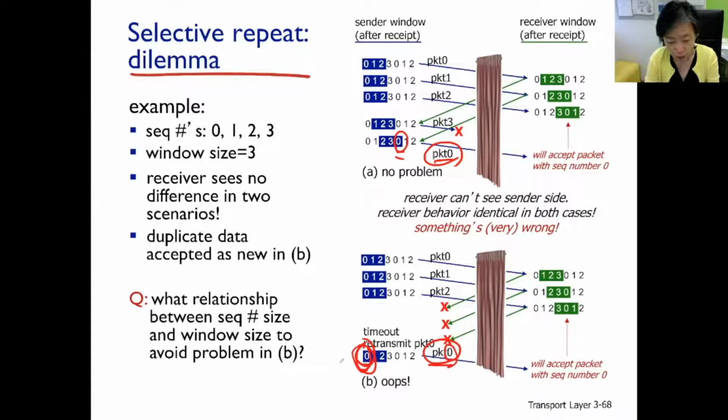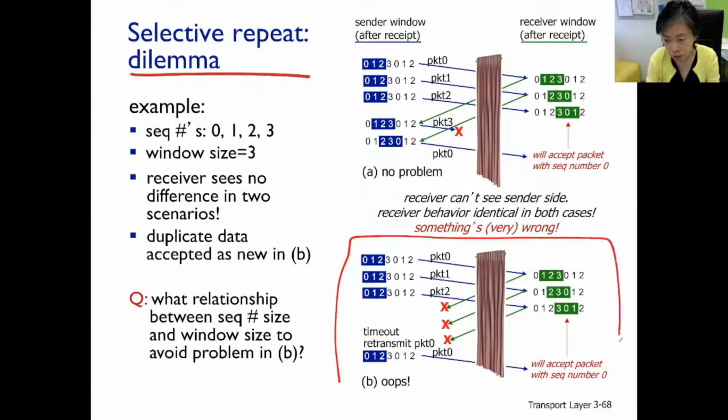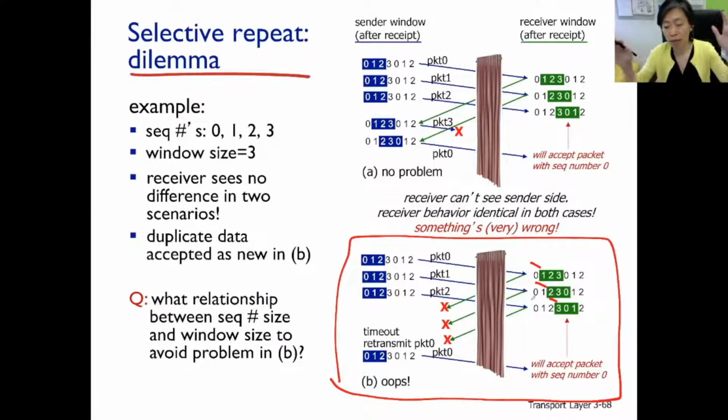And no worries, if you look at this, case number 2, case B here, is already the worst case that I'm illustrating. In this case, we're seeing that the receiver is advancing the receiving window one after another. So the receiver is saying, hey, everything is okay, let's move on. The sending side here, not getting any ACK back, hesitates and waits and waits and waits and is not moving.